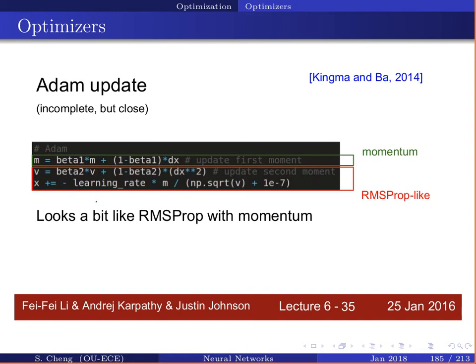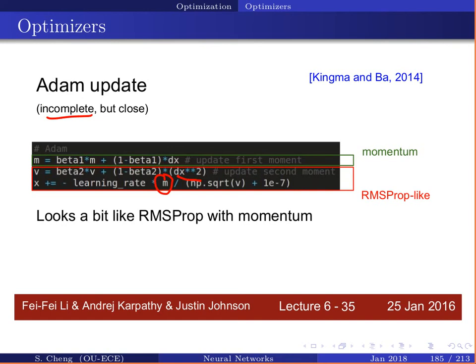You update by going down the slope along with the moving average of the gradient, right? And also it will be scaled, just like in RMSProp, by the moving average of the gradient square, basically. So this is more or less Adam.